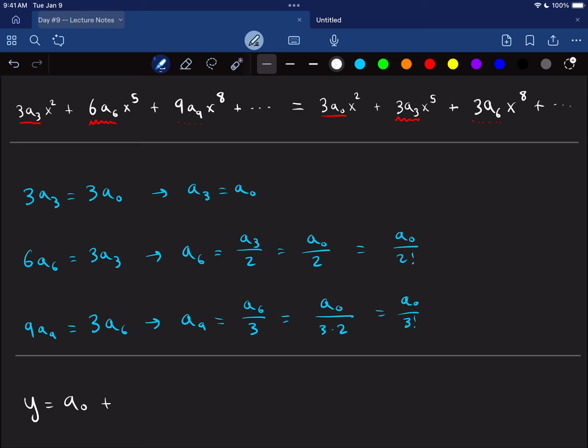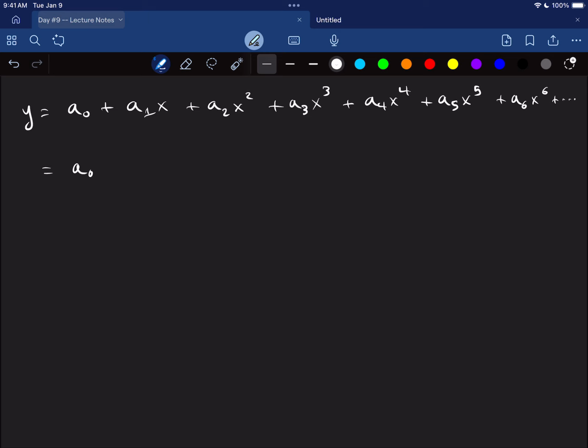Let's refresh ourselves. We had kind of backtracking just a step here. This was our original guess for y. We started off by guessing this. We had that. A naught is A naught.